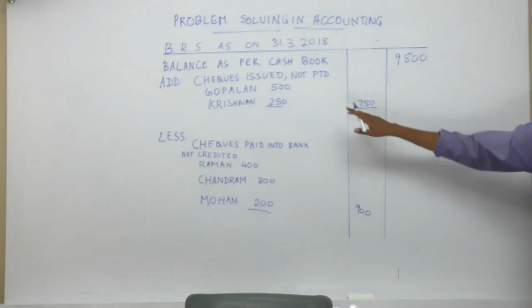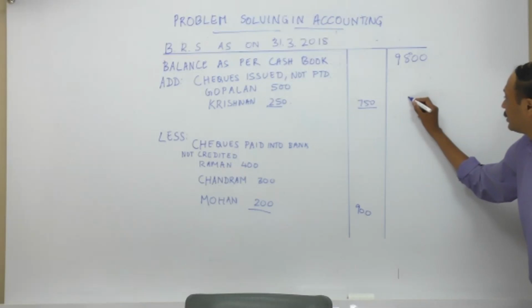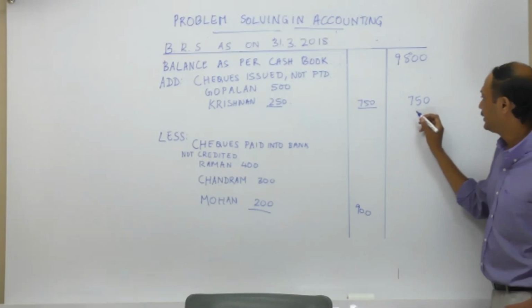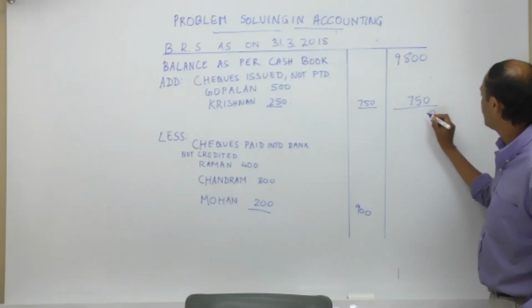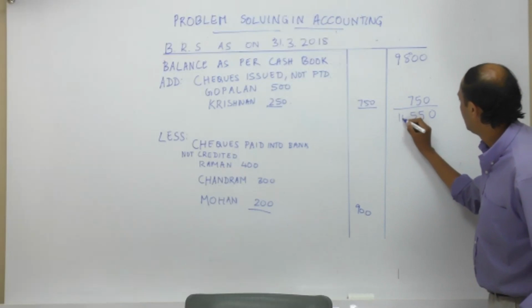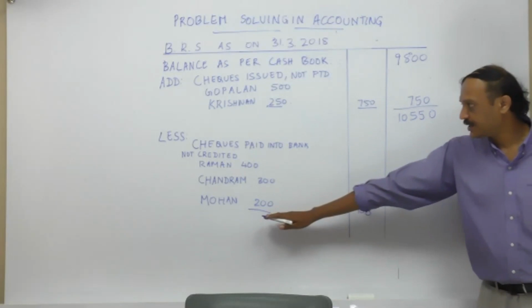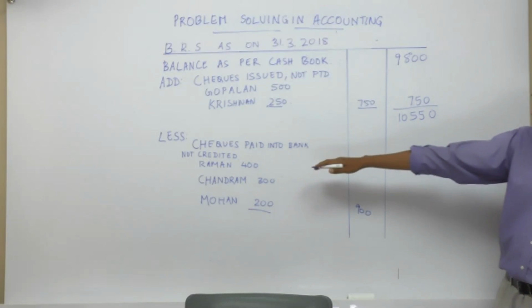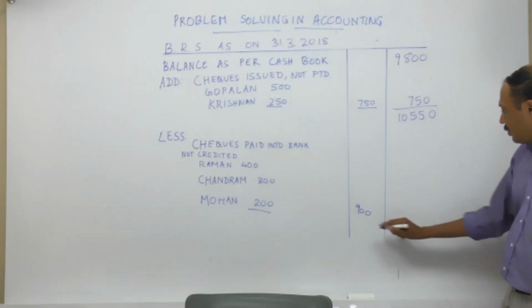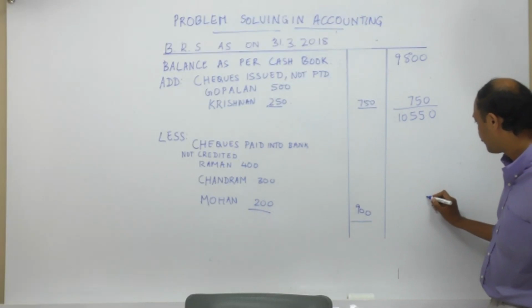Once you have taken into consideration all the transactions of either adding or deducting, the next step would be you add this amount to the balance that you started off with. In this case, it is 9,800 plus 750, which would give you 10,550. Then come to the less transactions, the ones that are in the less column. Here, the sum of the 3 transactions is 900.